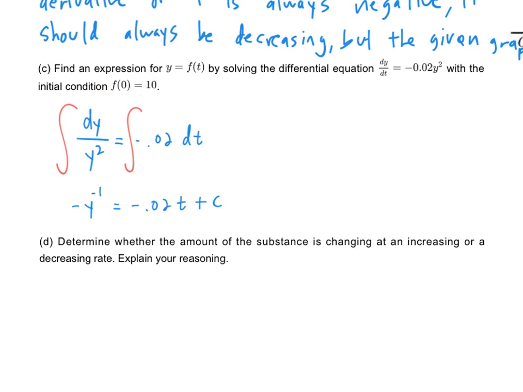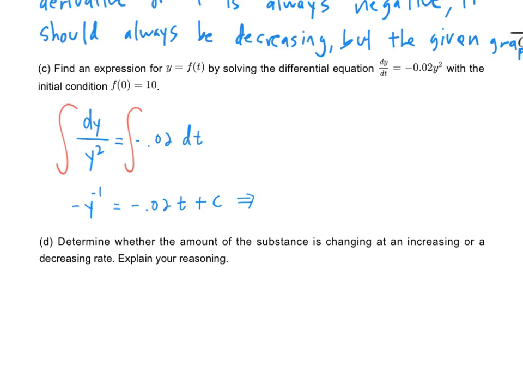So we'll plug in the initial condition. Just so you know, we can plug in the initial condition now, or we can solve for y first, and then plug in the initial condition to solve for c. I'm going to do it now, it doesn't matter.